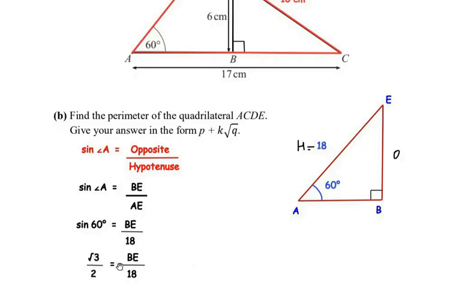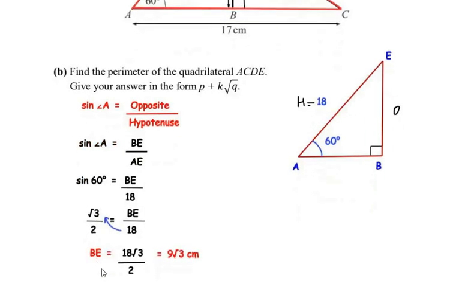So this will be equal to BE over 18. Now here 18 goes on the other side of the equal to sign and multiplies with square root of 3. So here we get BE is equal to 18 times square root of 3 divided by 2. Now 2 divides 18, that is 2 1s are 2 and 2 9s are 18. So we get the length of BE as 9 root 3 centimeter.